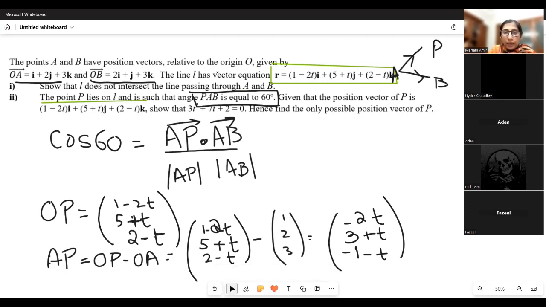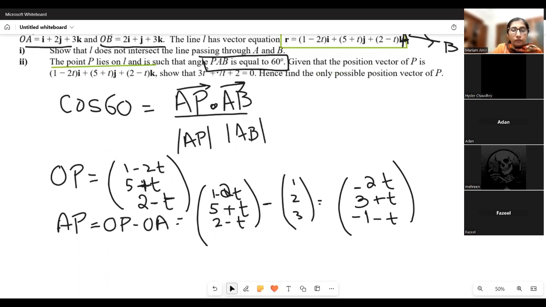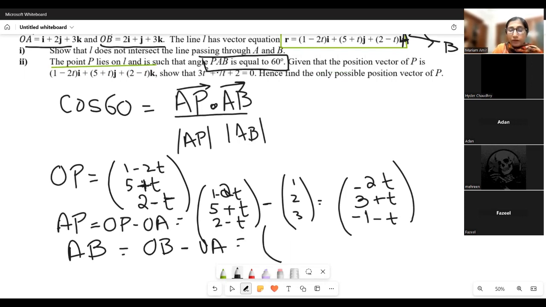That's AP, and AB is... can anyone tell me? We have done this before, OB minus OA in the last part, to find the vector equation at the start. 2 minus 1 is 1, and then 1 minus 2 would be minus 1, and then 3 minus 3 is 0.